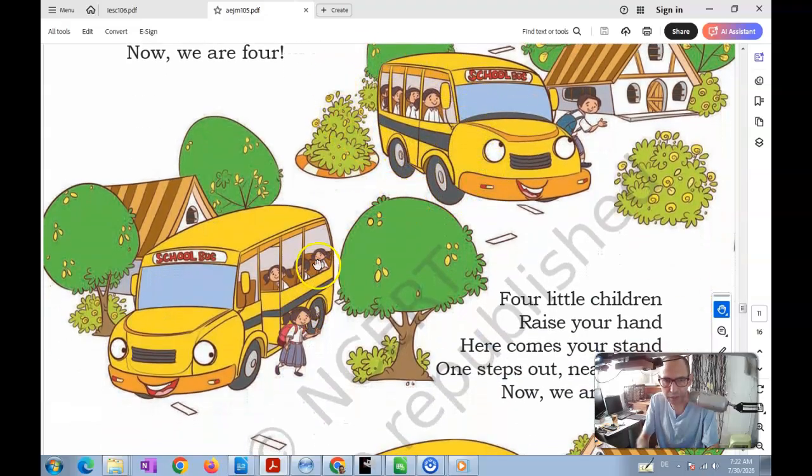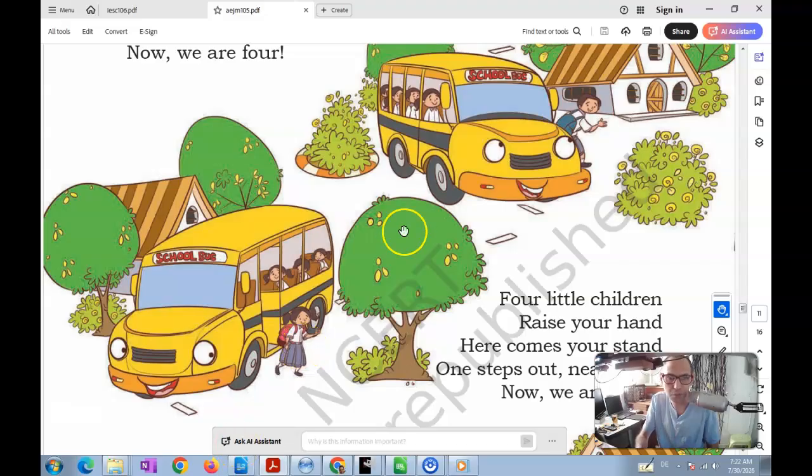Now the 4 kids that were left, we get to her house, and we drop her at her home. So then we have 4 kids, we lose one of them, and we are left with 3 kids.